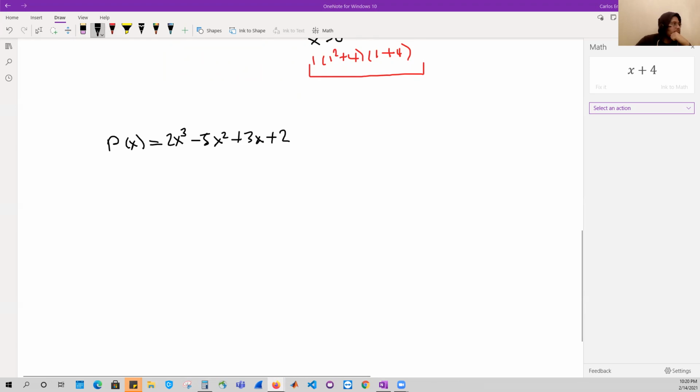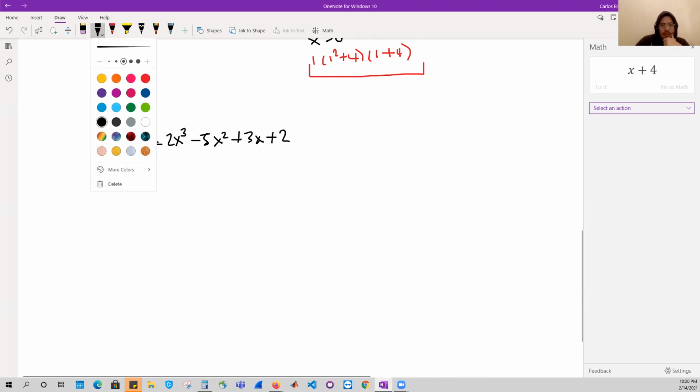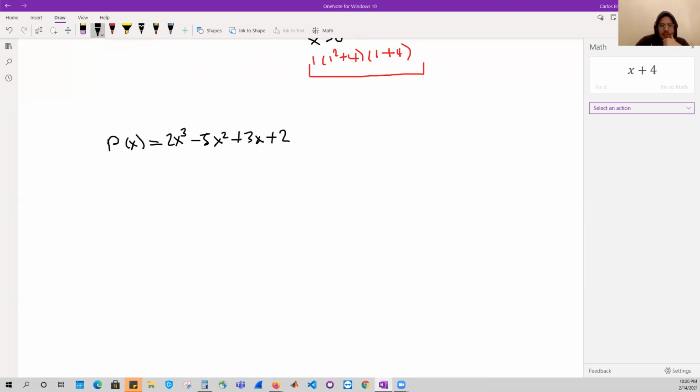So the first thing that we have to do, for the remainder theorem, it tells us that we need to do a division, right now for the value x equals 1/2.